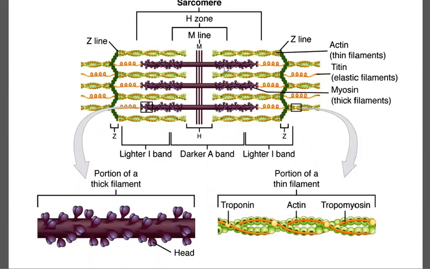Between myosin and the Z line, there is another structural protein known as titin. It is an elastic filament.